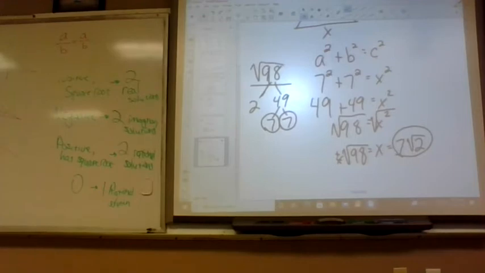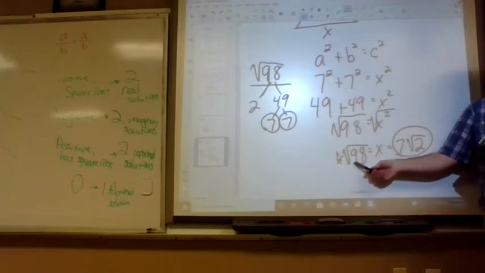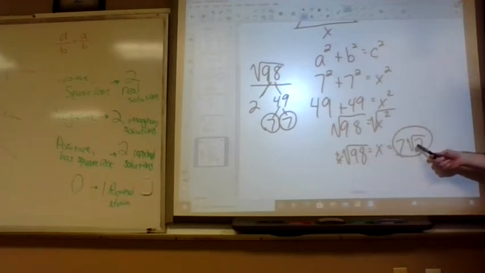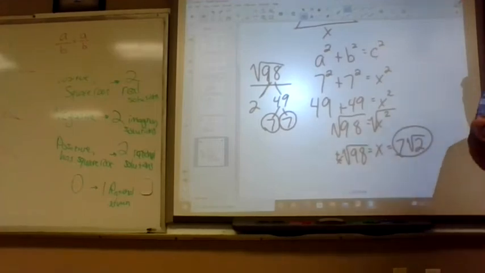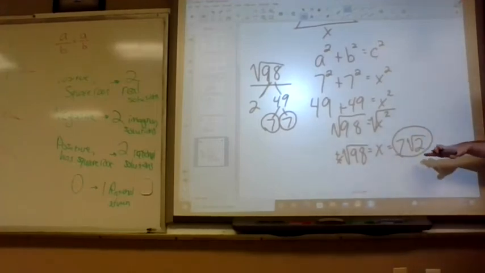Normally we don't put the decimal version unless the directions tell us to. Usually we keep the square root, because the decimal is infinite, so you can't write an exact answer for it.